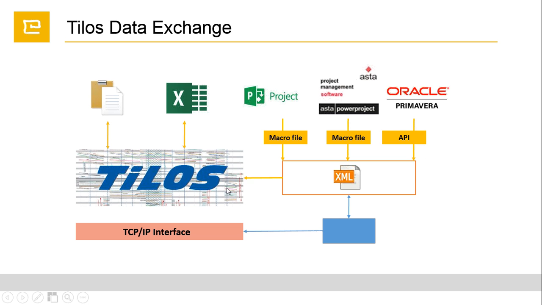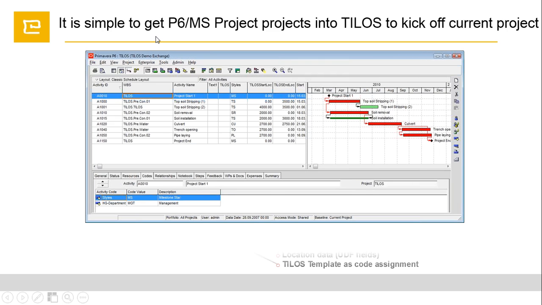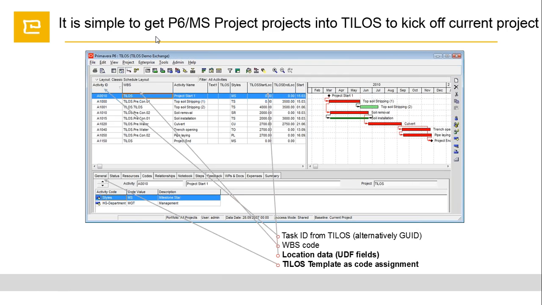It can also be integrated with third-party solutions such as finance solutions, and this way we can display cash flows and more information related to the project. In Primavera, and the same way in Microsoft Project, if you are already using them, we need two user-defined fields to write our activity locations, from which floor to which floor or from which meter to which meter, and this will help us integrate with the location.